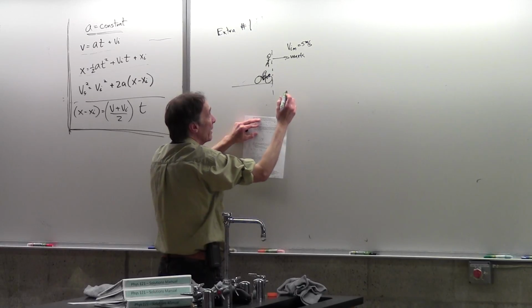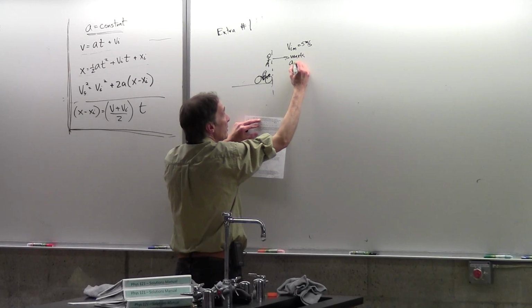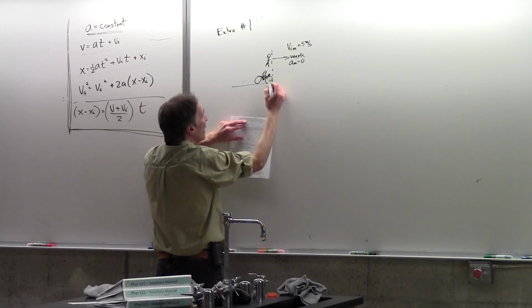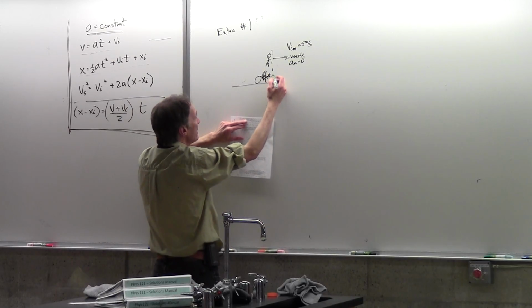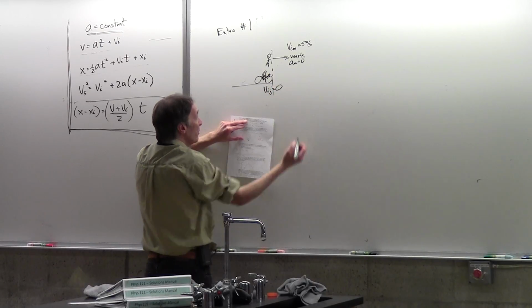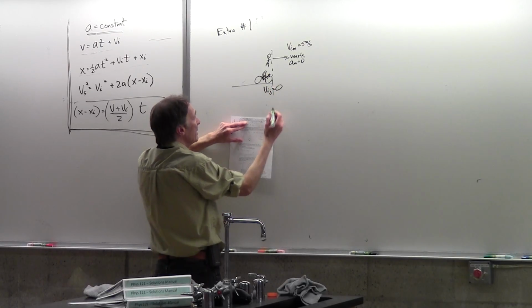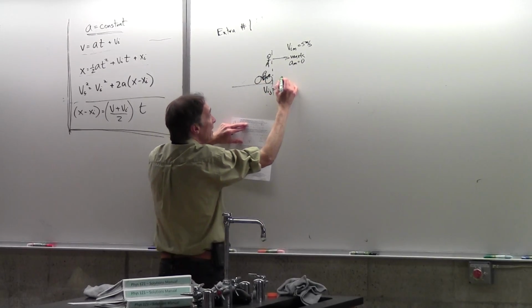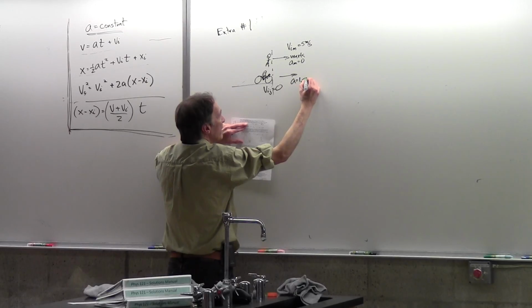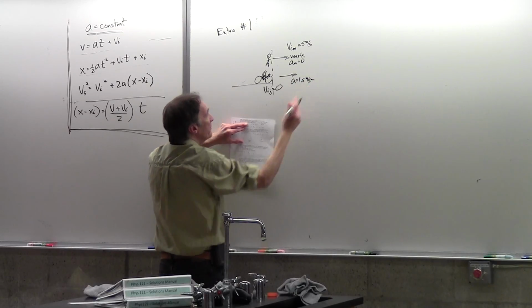So his acceleration, acceleration of Mark, is equal to 0. Then Jim is here. He's at rest, so V initial for Jim is equal to 0. When he does take off, he's going to accelerate at 1.5 meters per second squared.